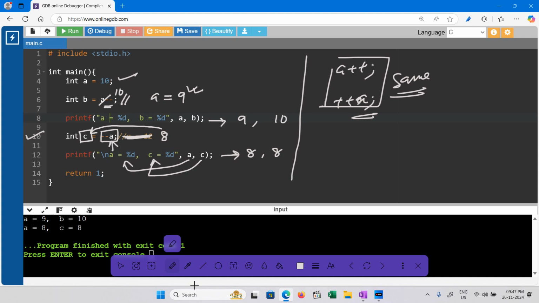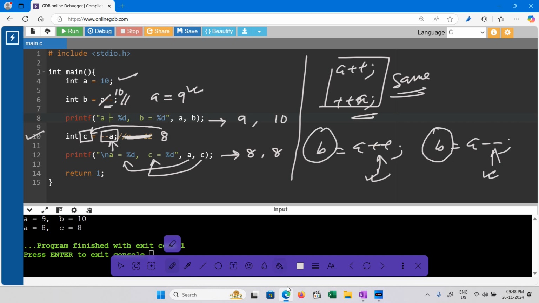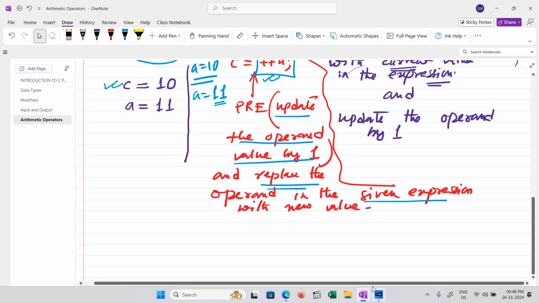But when we put them in an expression where an assignment operator is also there, like B equal to A plus plus, or B equal to A minus minus, we need to check which variant of the increment or decrement we are using. Based on that, the left hand side operand will get the value.